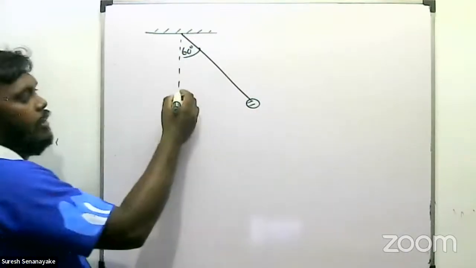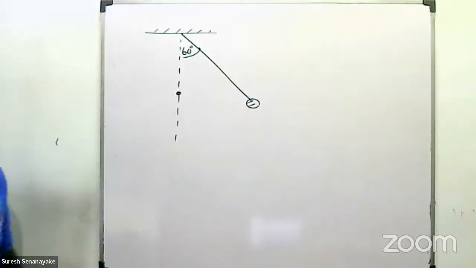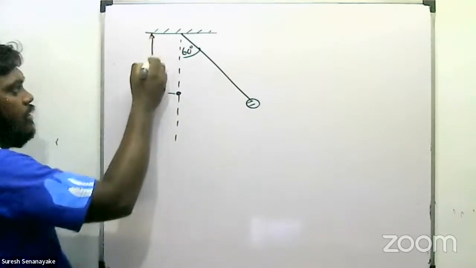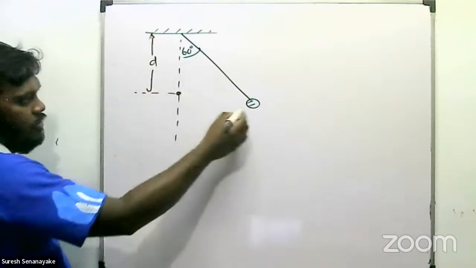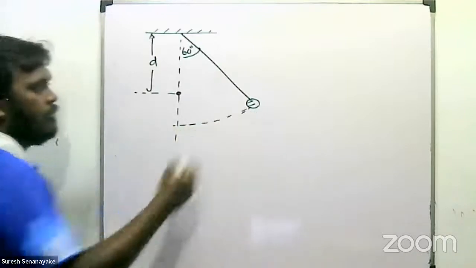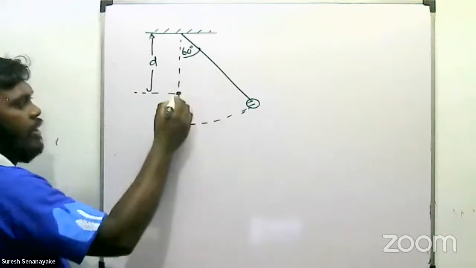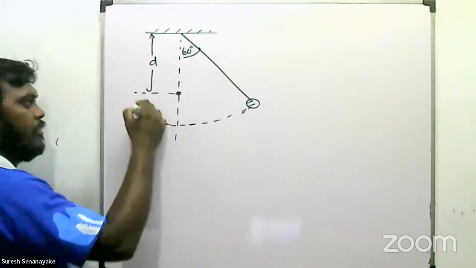So there's some nail there. When the string hits the nail, it rotates around the nail. Right? So this is at the distance d. That's the path of its motion like this, and after it hits the nail, it's moving as another circle like this.